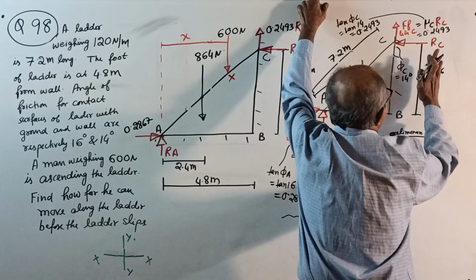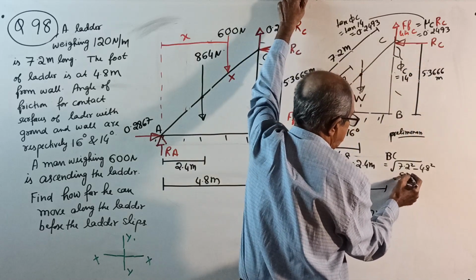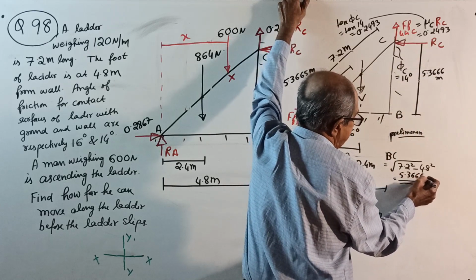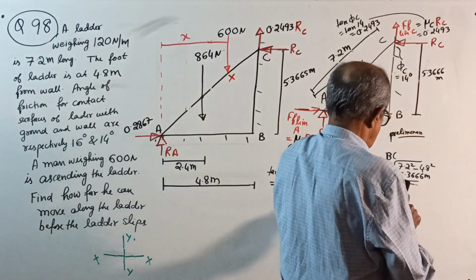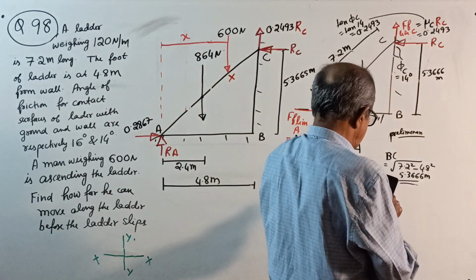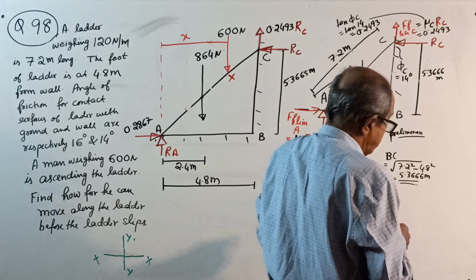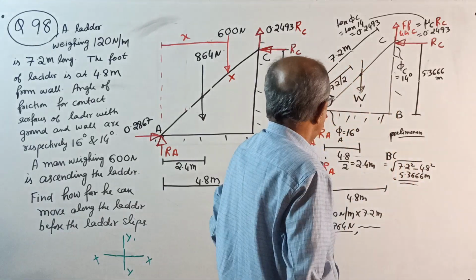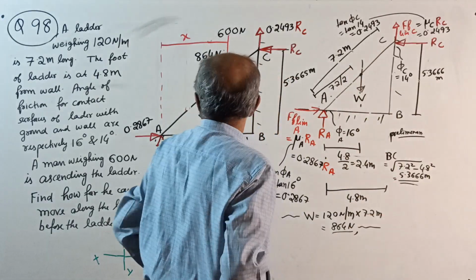Sometimes I get doubt whether the calculator is working properly or not. What I will do? 5.3666 square plus 4.8 square, equal to root, answer 7.2 meter. Okay. From now onwards, these all I will not explain. Then further.